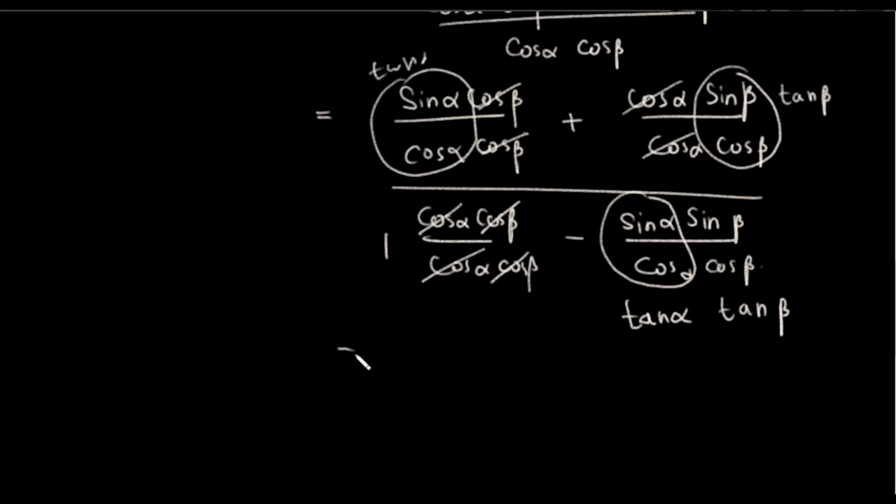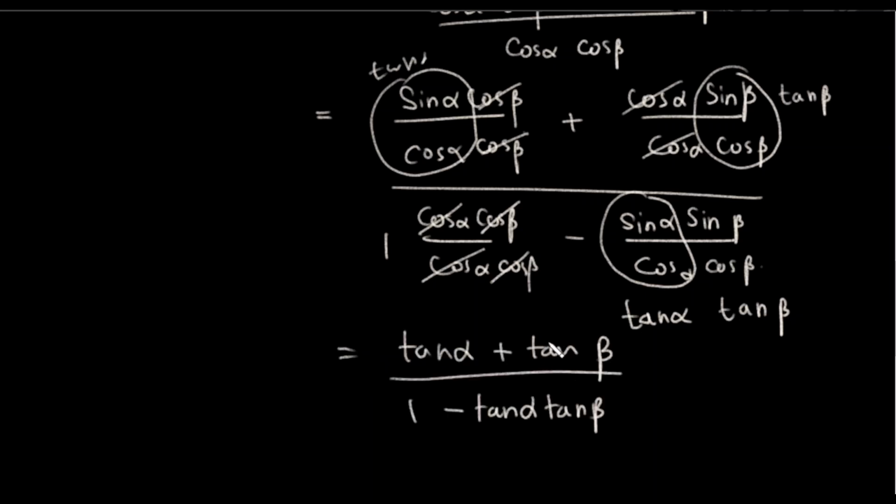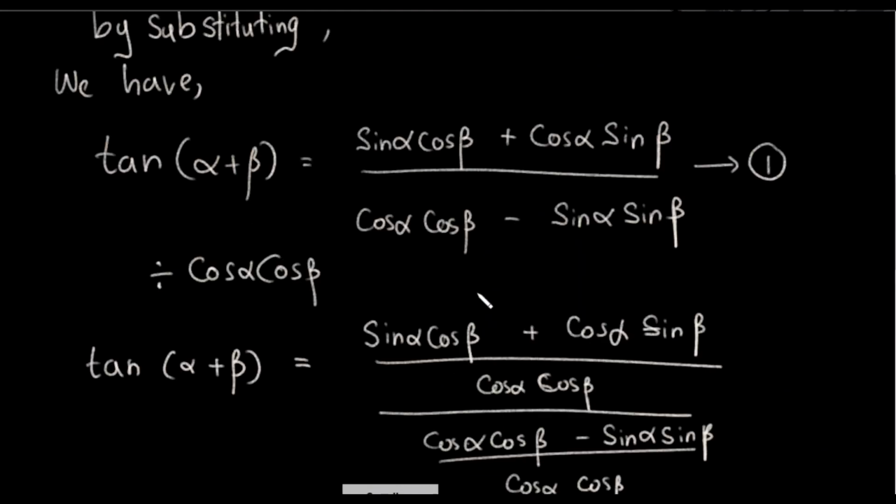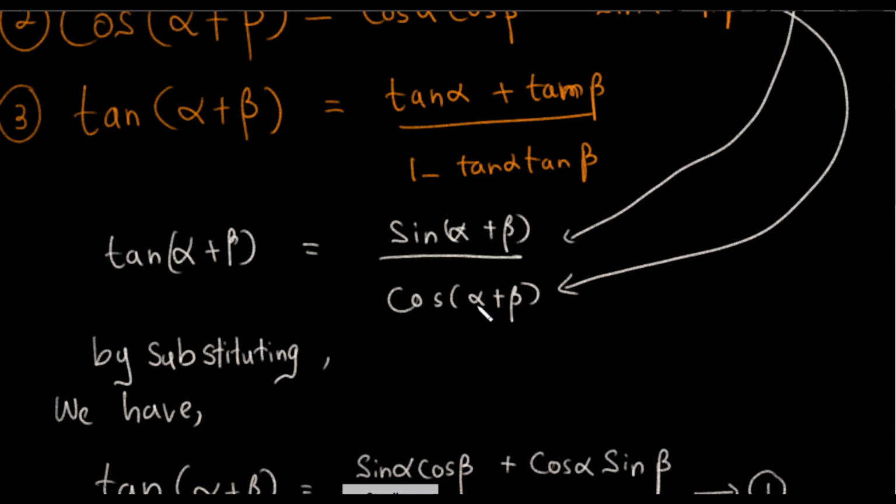So this equals tan alpha plus tan beta divided by 1 minus tan alpha tan beta, the equation we talked about earlier. That is the tan of alpha plus beta equation.